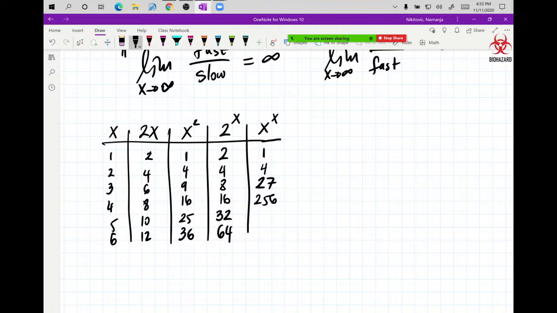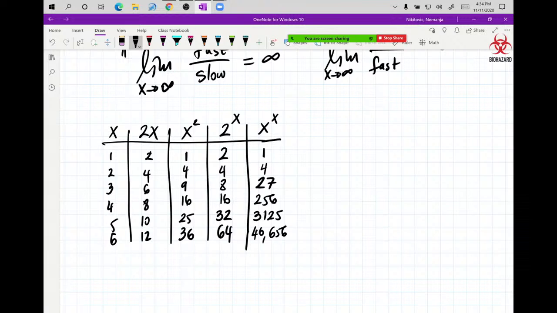So there is no contest here. This function is absolutely, utterly insane in the growth department. This is 3,125, and then 6 to the 6 is 46,656. So you get the idea of what happens when x to the x shows up to a party. Everyone else gets to sit down and shut up.